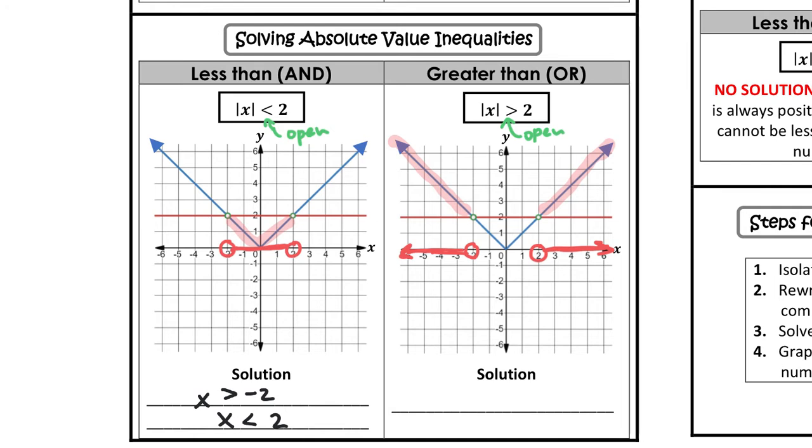Right? And there's an "and" here, the word "and." And then on the other one over here, I have x less than negative 2 or x greater than 2.